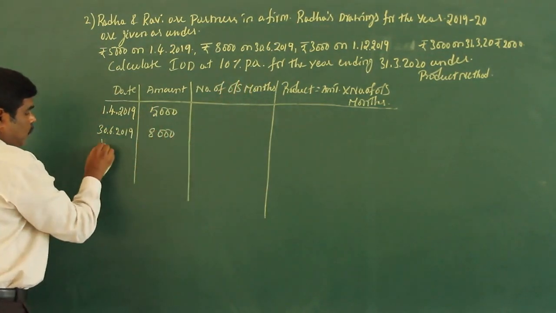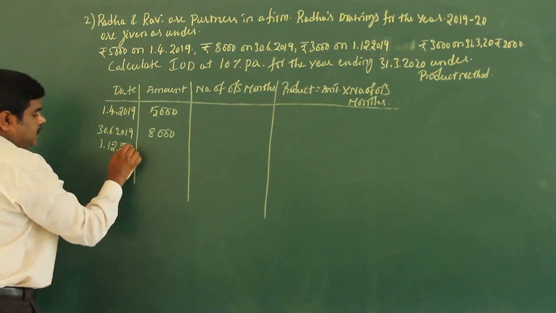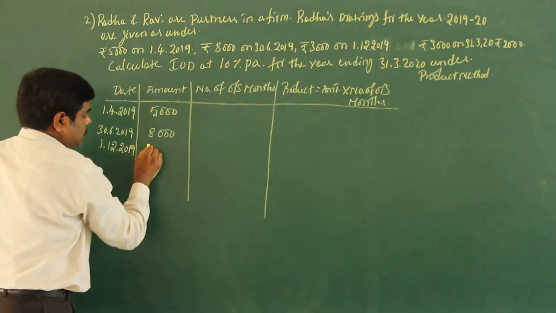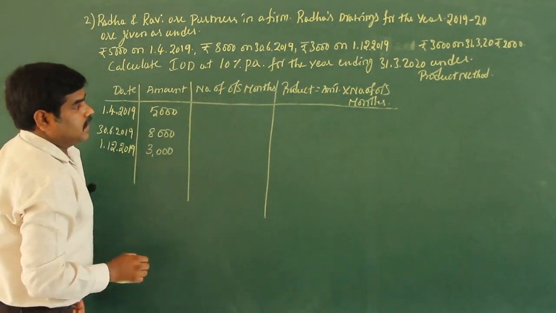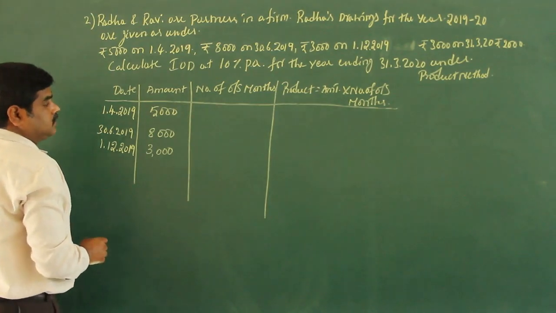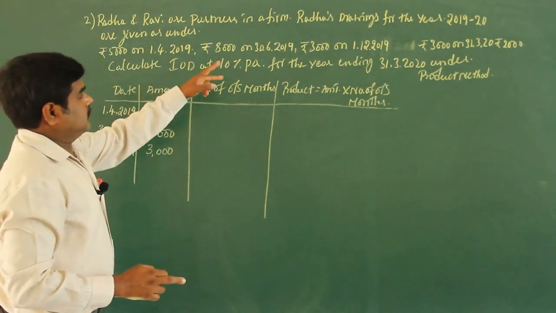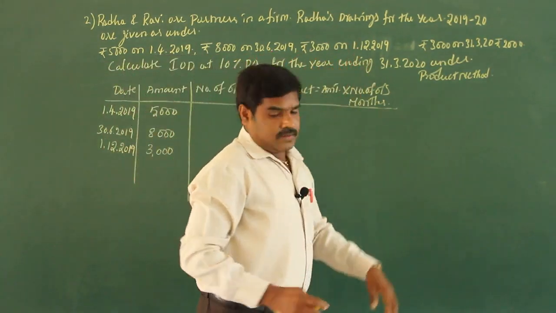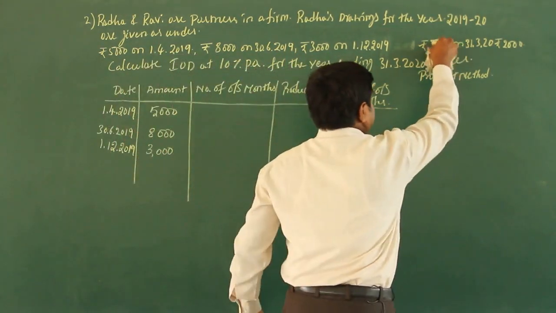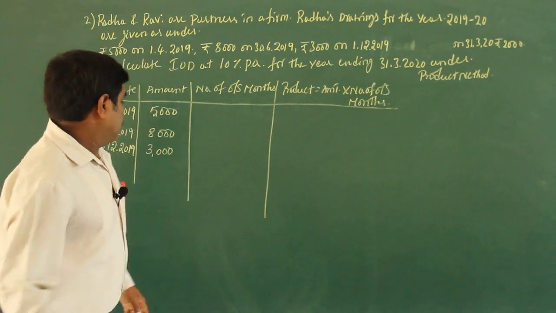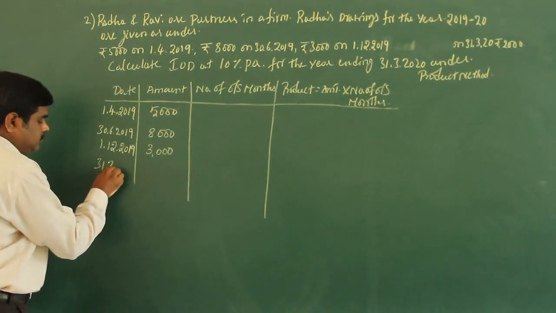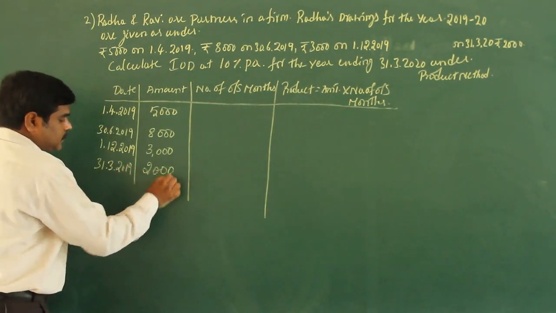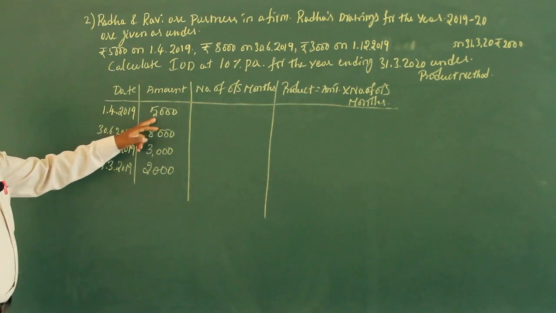Next date is 1/12/2019, rupees 3,000, and the last date is 31st March, rupees 2,000. Date, amount.